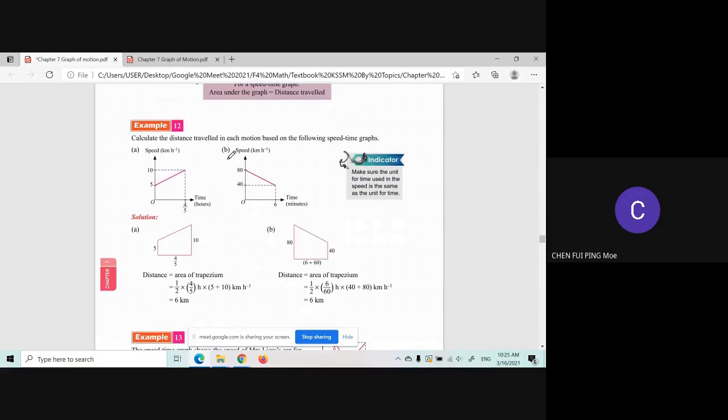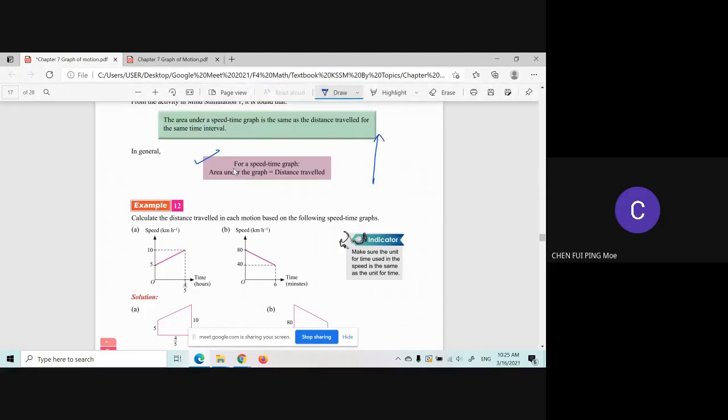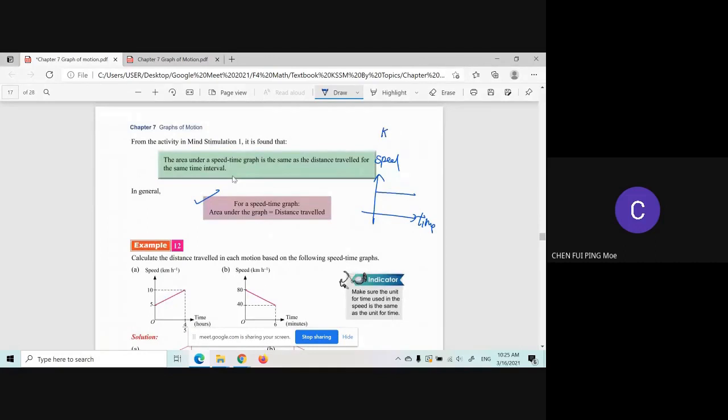Okay, why is it like that? So you try to think about this one. Let's say I draw a simple one like this. This one is a speed time graph. Speed, usually the unit will be kilometer per hour, and time in hours.